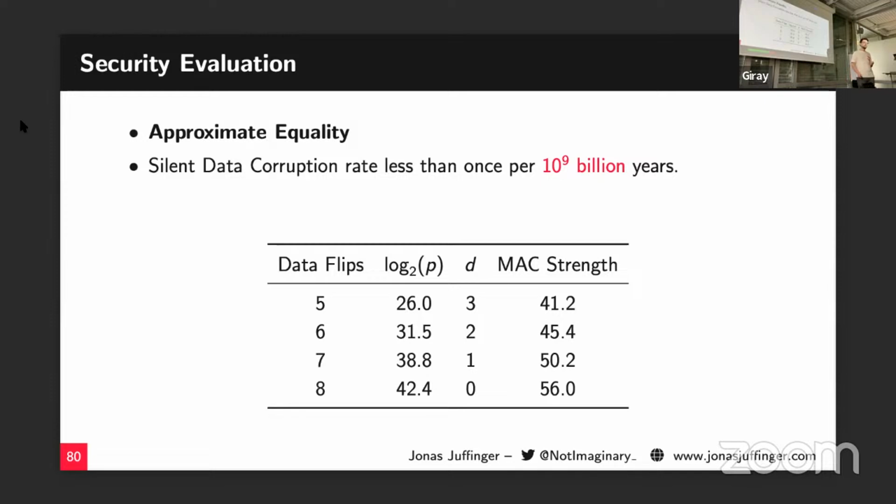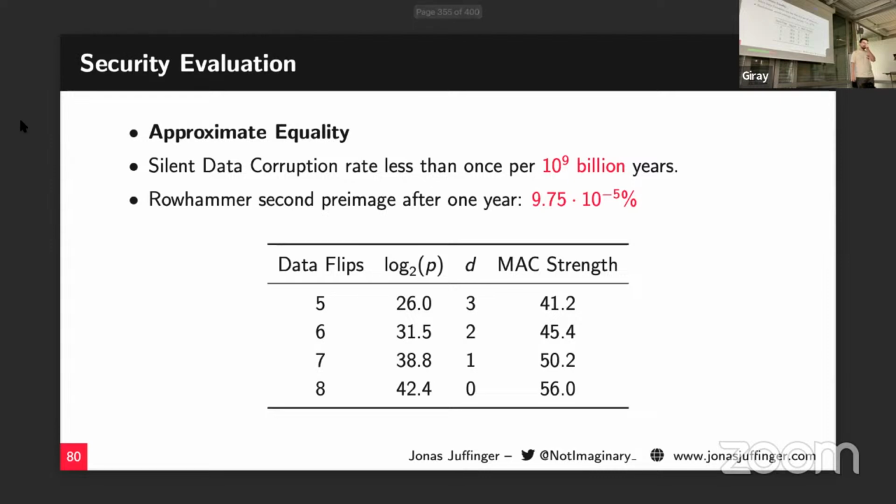So pretty much never. And an extremely successful RowHammer attacker that is able to flip bits every 128 milliseconds, so multiple bit flips per second for a full year straight, has a chance of finding a secondary image of about 10 to the power of minus 4%.